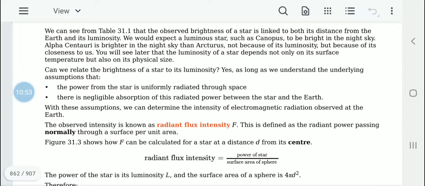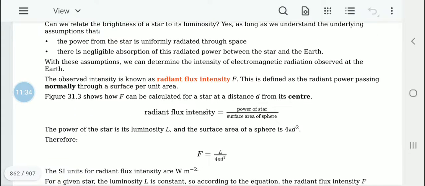By using the intensity of electromagnetic radiation based on these assumptions, we can calculate the observed intensity, put a dash and write radiant flux intensity, capital F. Leave a line and write: radiant flux intensity is defined as the radiant power passing normally through a surface per unit area.